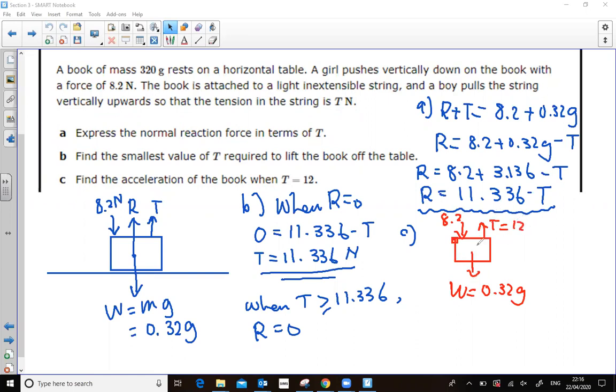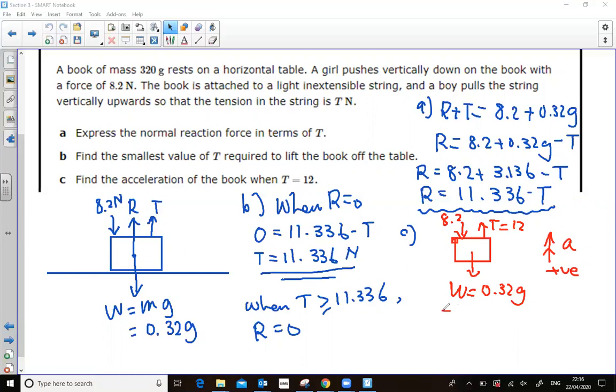So that's it. So now, because the tension is greater, that means the book will be lifted up. That means there will be an acceleration and that will be going upwards. So let's say going up is our positive direction.